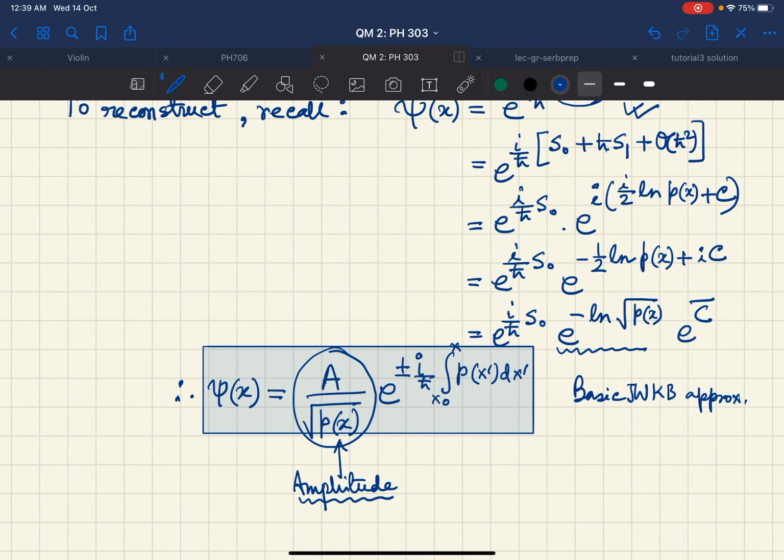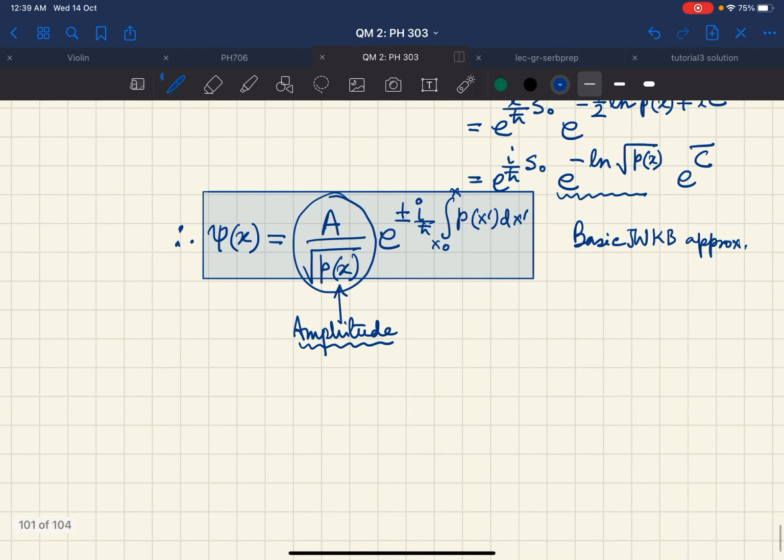With this basic WKB approximation, we note two important things at the same time. We note the probability density, which is nothing but rho, which is psi star of x into psi of x. If you take psi star of this whole object, the phase factor immediately cancels.